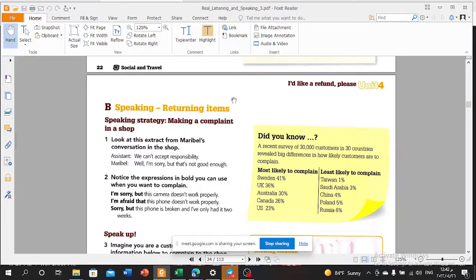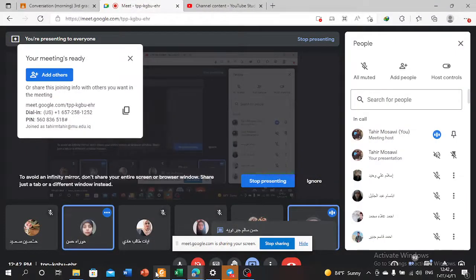On page 23, we also discussed how to make a complaint. There is also a speaking strategy related to how to make a complaint.